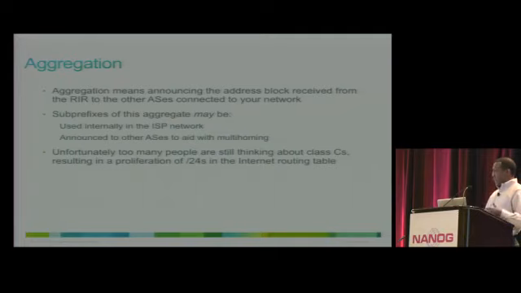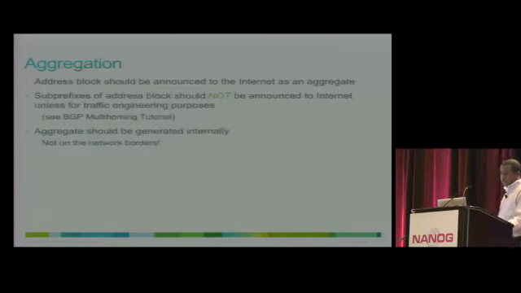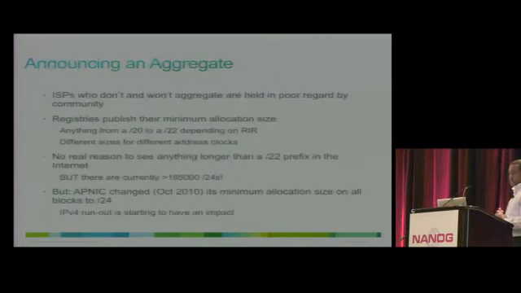But as you will see in some of the numbers, a lot of people advertise more specific prefixes than the registry entries. The registries are normally /22 and lower, but you will see a lot of /24s on the internet. Again, sub-prefixes should not be advertised to the rest of the network. They may be advertised to some service providers for traffic engineering purposes.